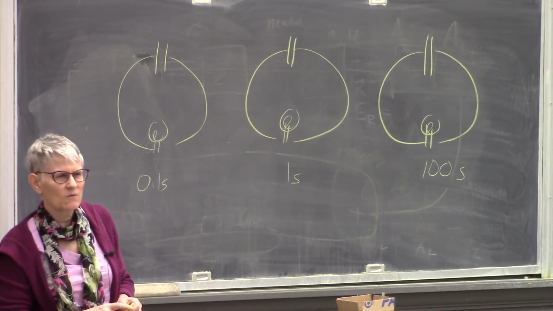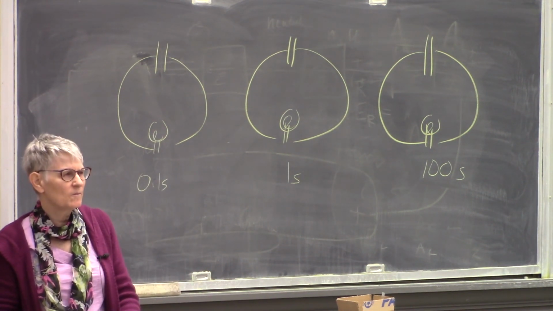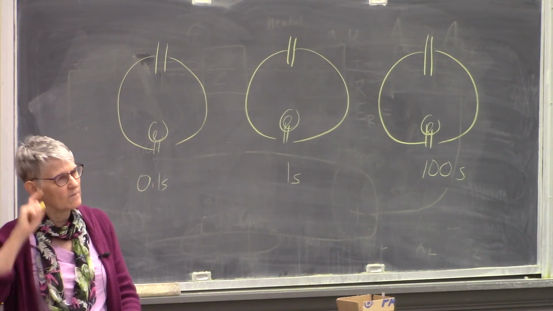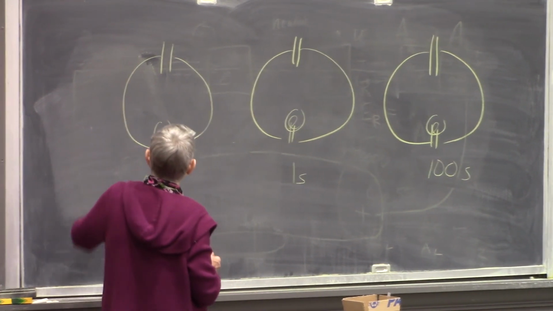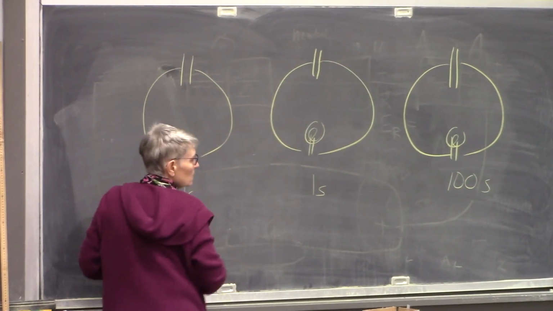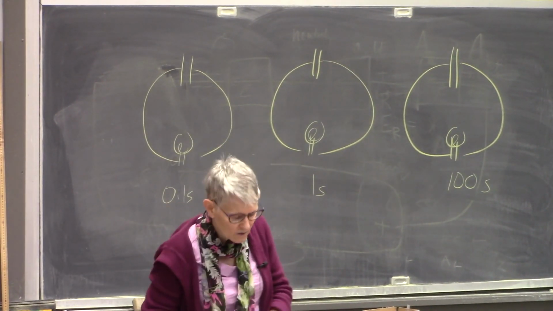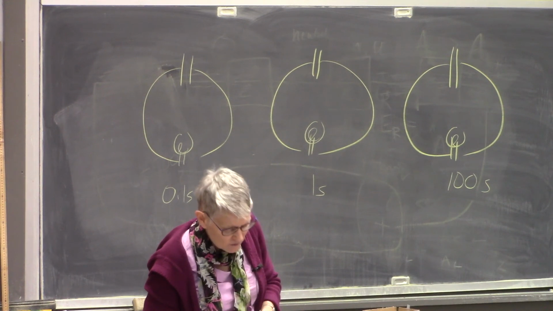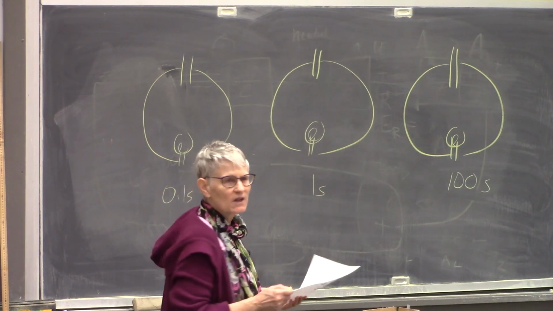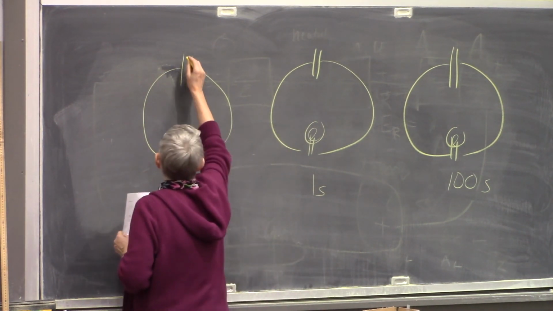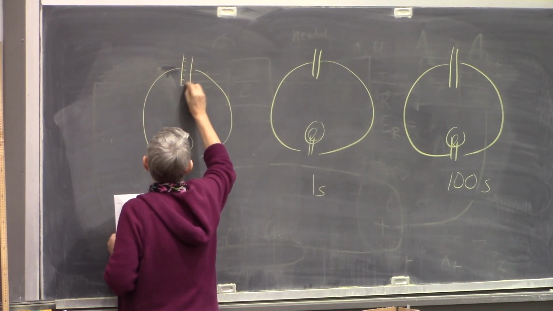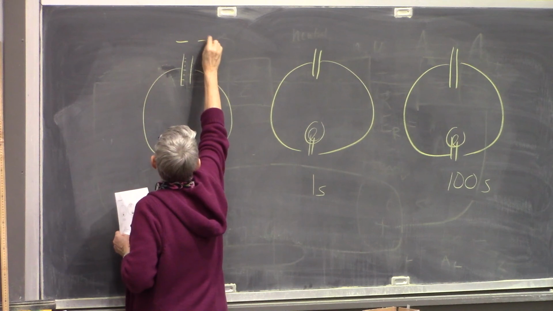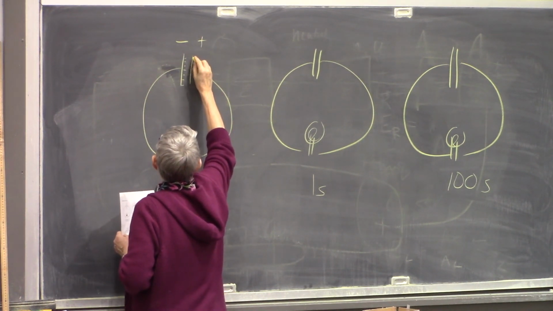All right, so what do your drawings look like? Okay, so if this is, well, let's make an assumption about which plate of the capacitor is negative to start with, okay? So we'll say this one's negative to start with, and that one's positive.